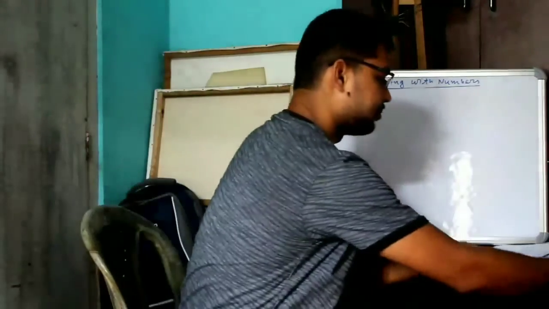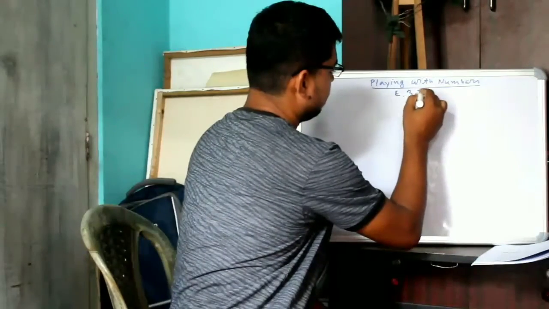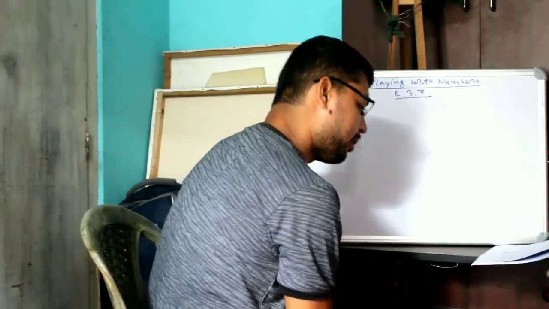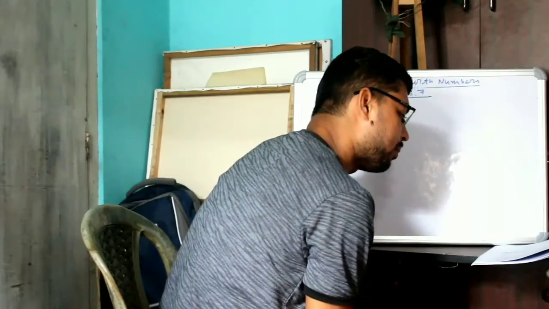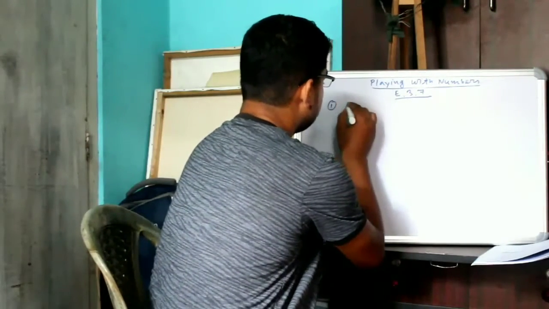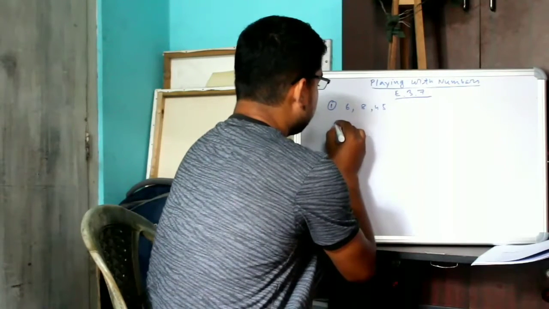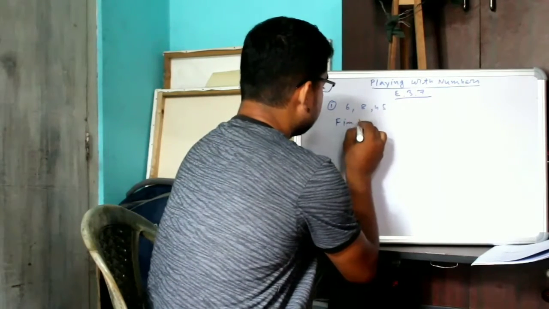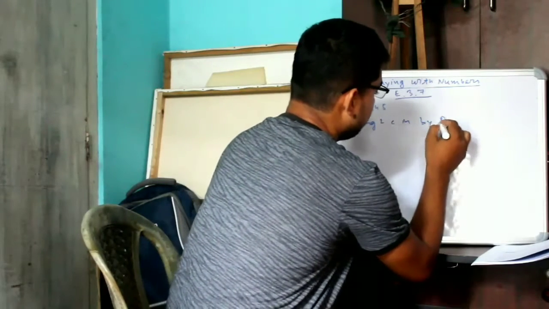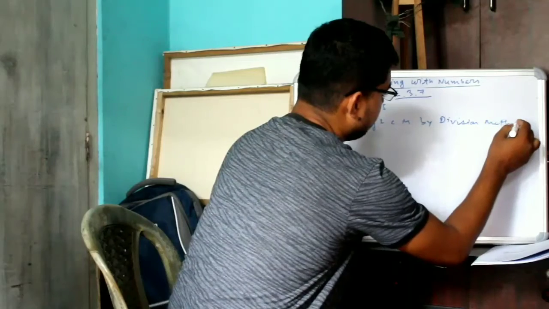Next, Exercise 3.7. Determine the LCM of the following numbers by division method. Number 1: 6, 8, 45. Finding LCM by division method.